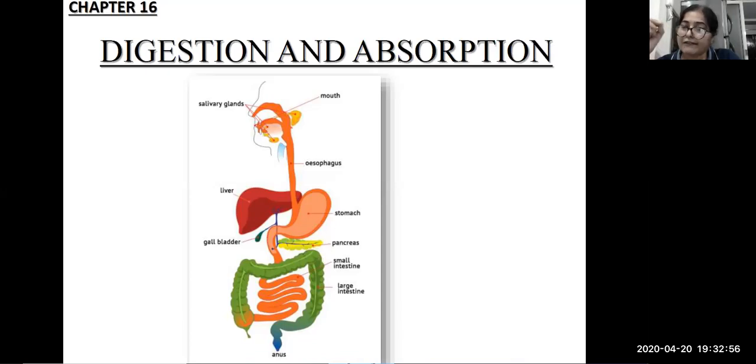Proteins are there, carbohydrates, fats, vitamins, a number of minerals, and other roughage. All these substances present in food are essential for the growth and development of our body, for the working of the systems and organs, and for repairing the tissues in case of any damage. For this, we need food.